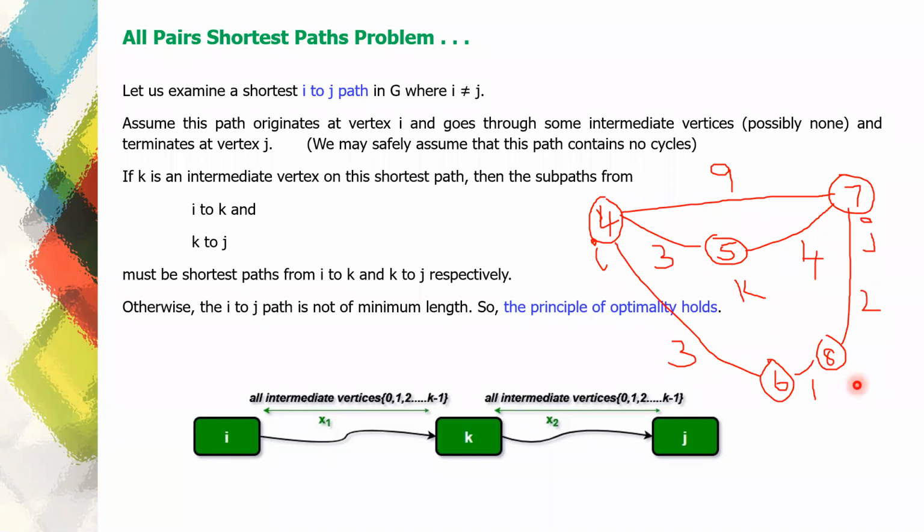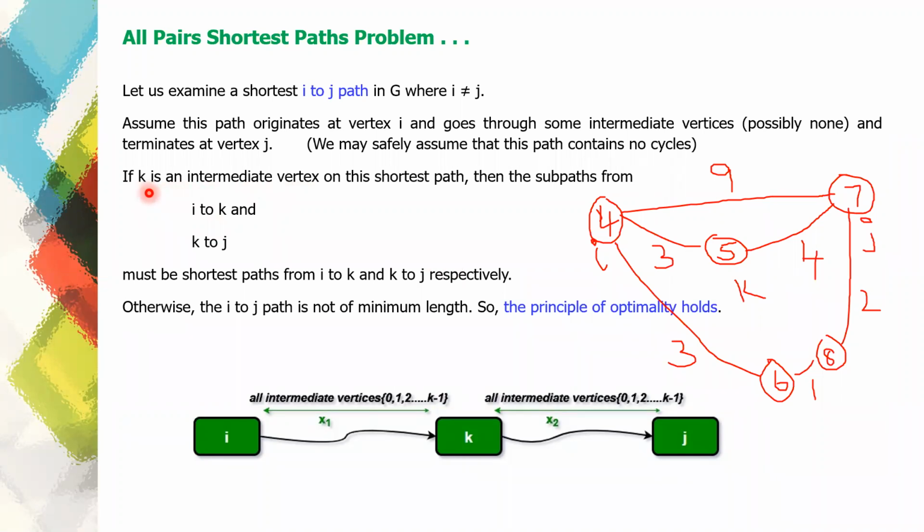So you can see that if you take this particular path, the cost of the path is 3 plus 1, 4, 5, 6. It's still less. So what you are going to do is, once you find a direct path between i and j, you are going to explore other paths which involve an intermediate vertex k.